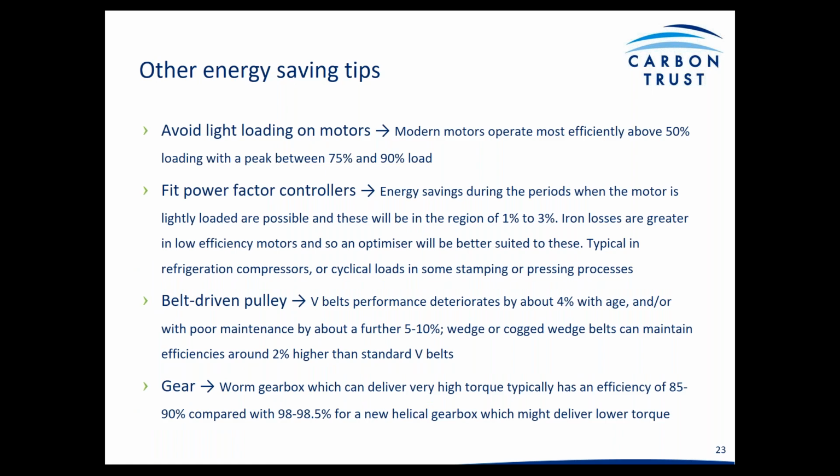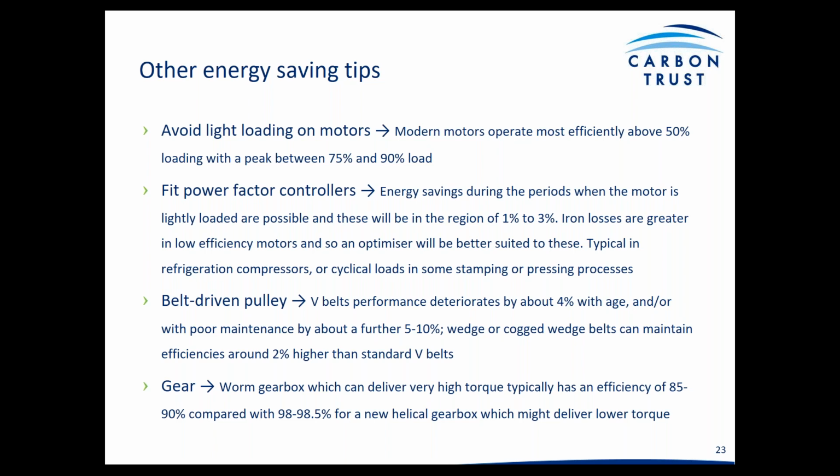There are some other energy saving actions that can be done to improve the efficiency of electric motors. One could be on the operating load of the motors. Usually it's good to avoid light loading of motors.